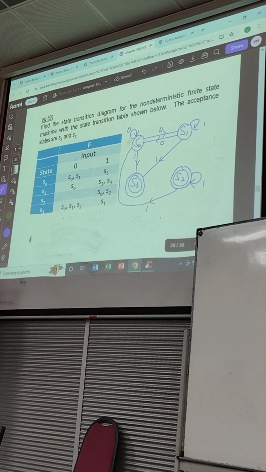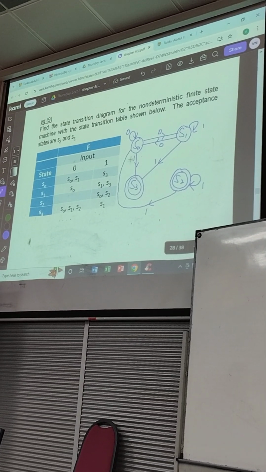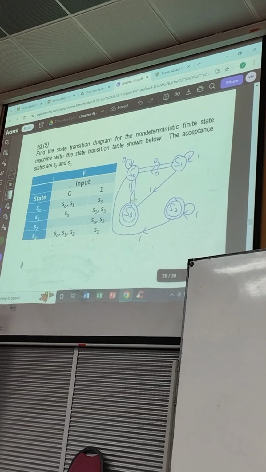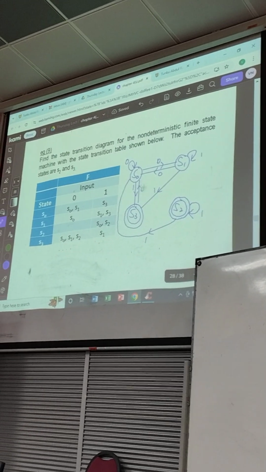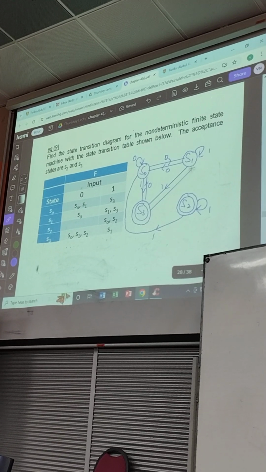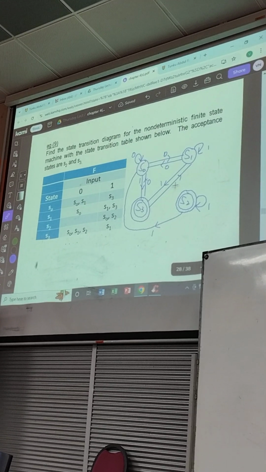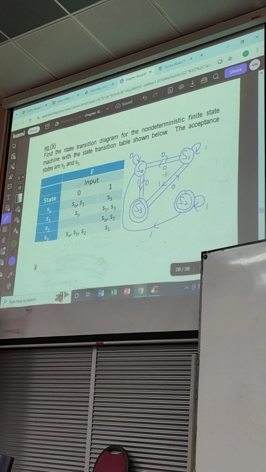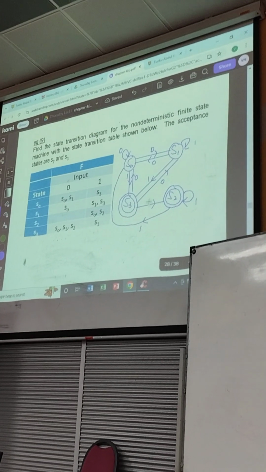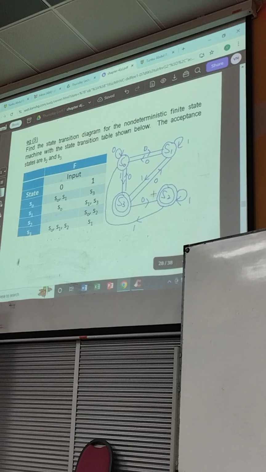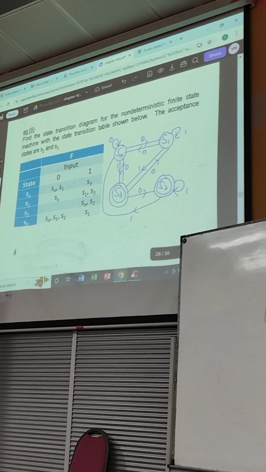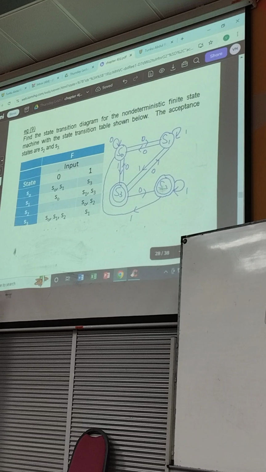S3, input 0. Zero. One. 2. 3 input 0 for S3 go to S0, S1, and S2.